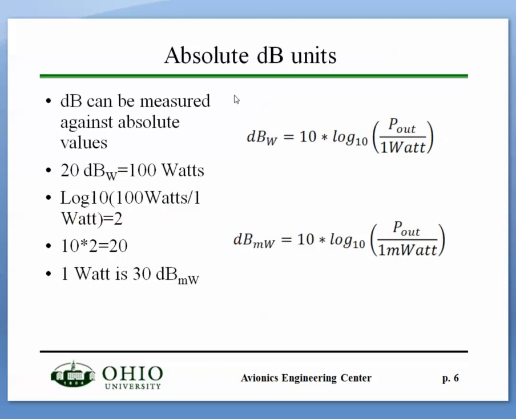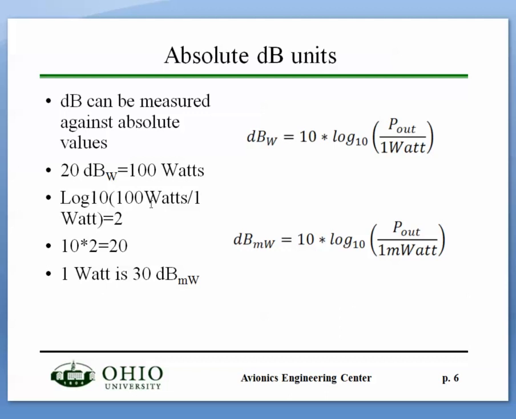But I can also do some absolute units, and to do that, in the P in, I just have 1 watt. So P out divided by 1 watt, take the log, multiply by 10, and so 20 dBW is 100 watts, right? If I put 100 watts in here over 1 watt, that's 10 to the power 2. I take the log of that, that's a 2, and I would get 20 dB.